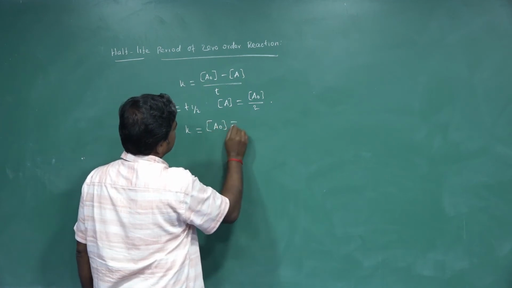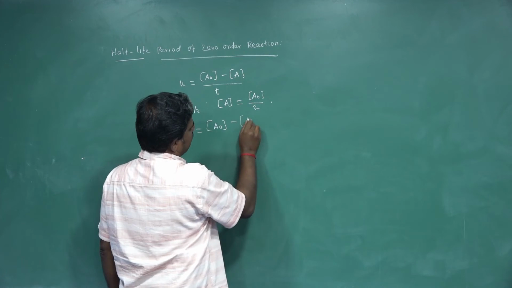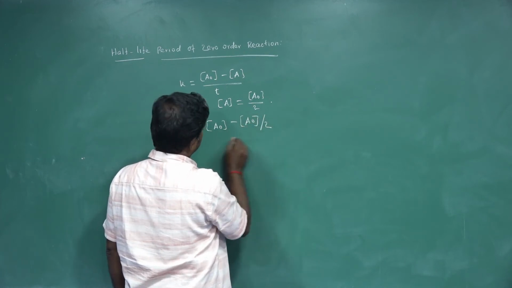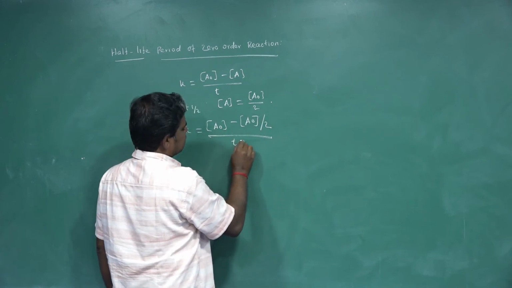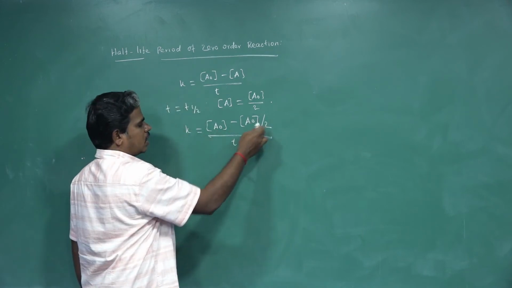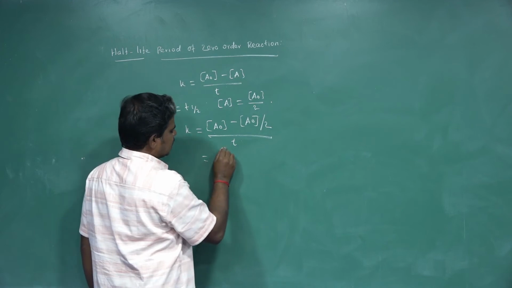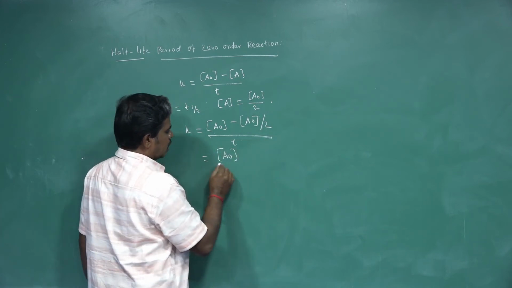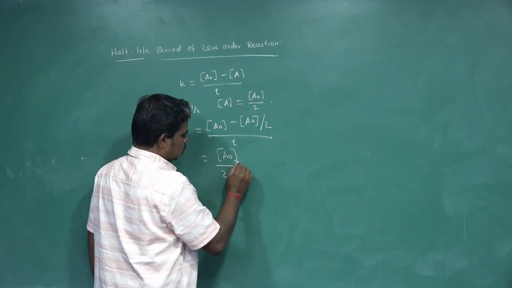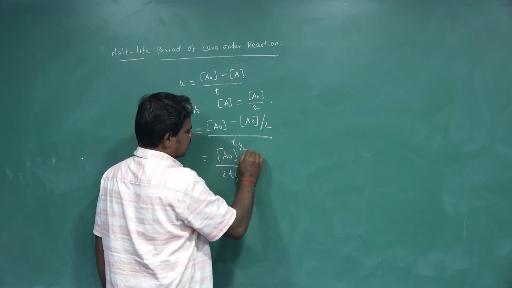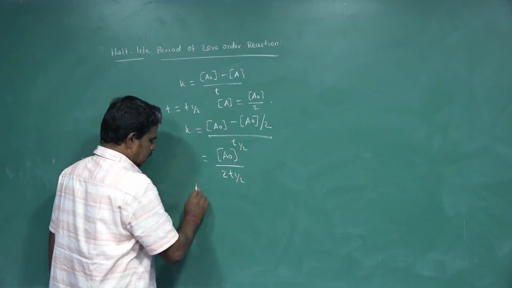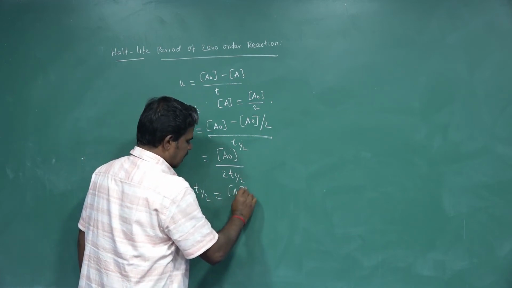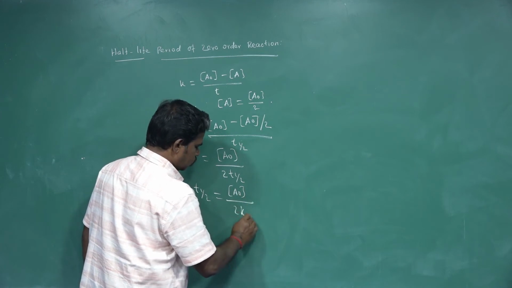So we substitute here: k is equal to [A] naught minus, instead of [A] we take [A] naught by 2, divided by t, and it is 1A minus half A, so we get [A] naught by 2 t half. So t half is equal to concentration of A naught divided by 2k.